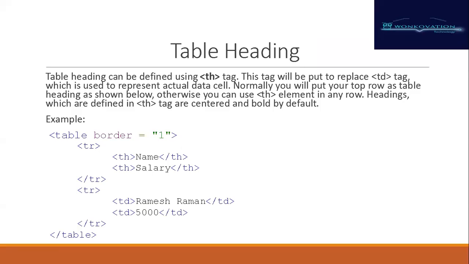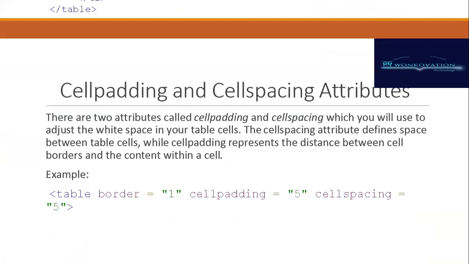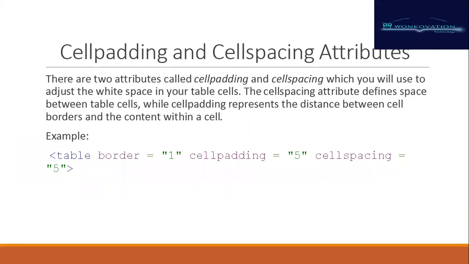Now moving further, we have done the table headings. Now there are cell padding and cell spacing. So what are those attributes? There are 2 attributes known as cell padding and cell spacing, which you use to adjust the white space in the table cells.